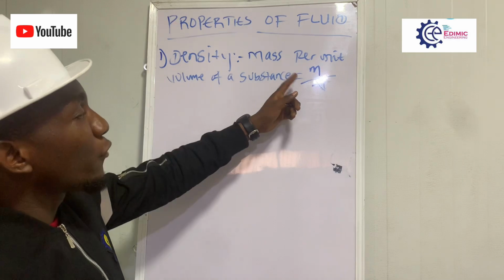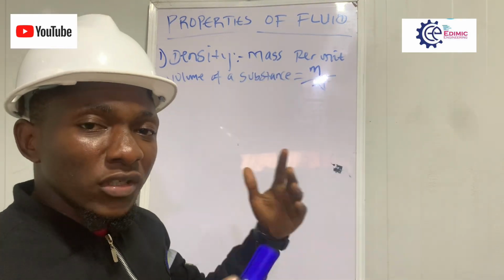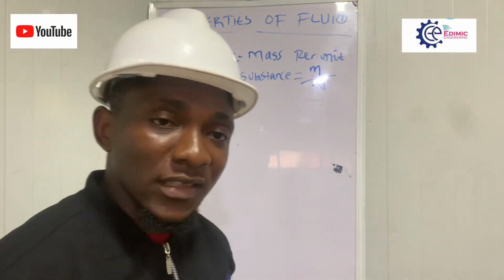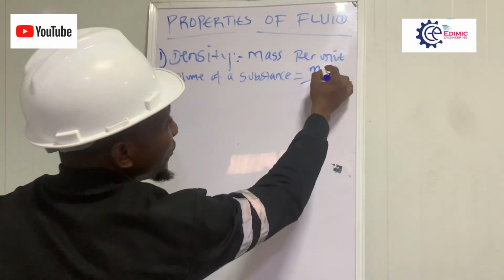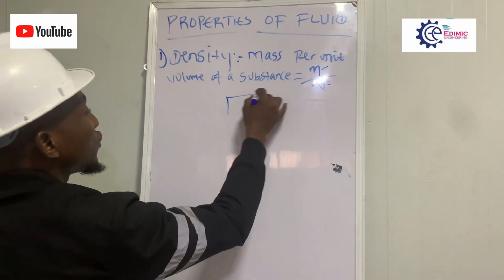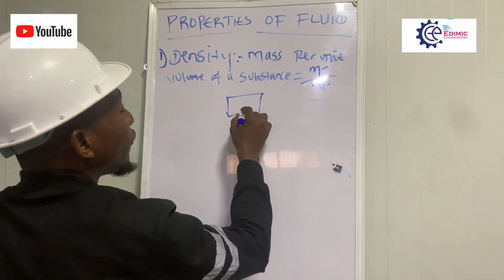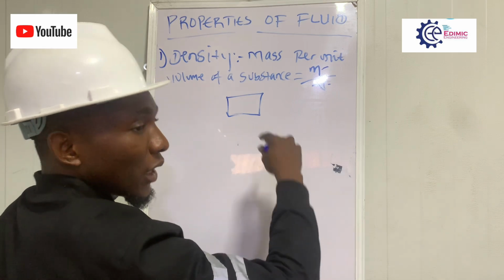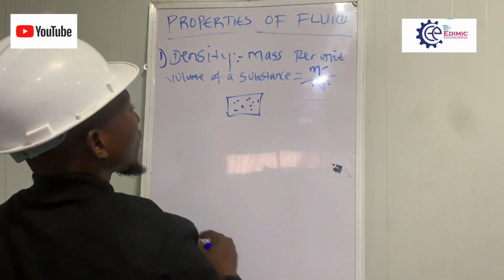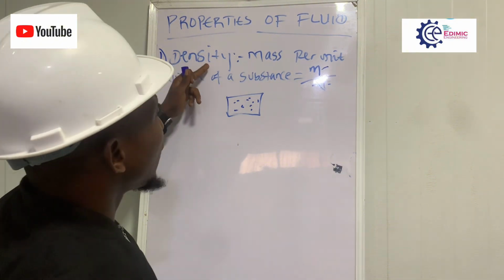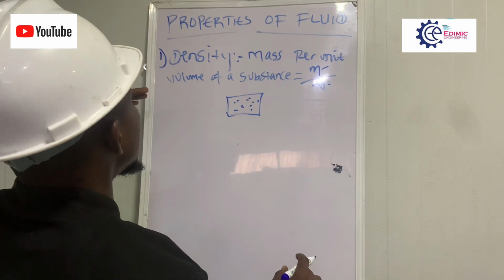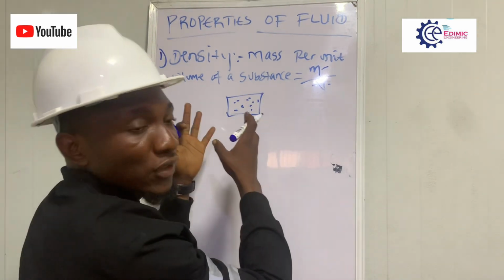This simply means how much mass is contained in a volume. Assuming we have this to be the volume of any substance, density is how much mass is contained in this volume.